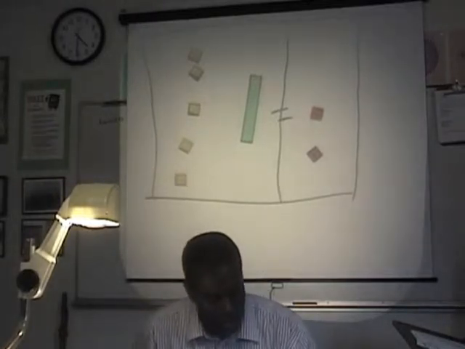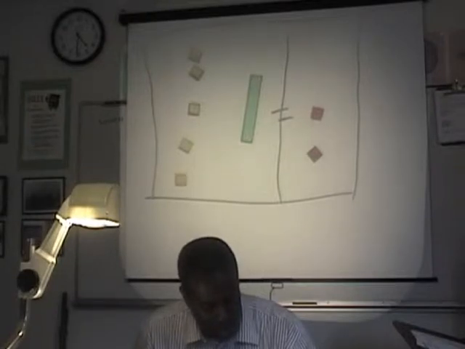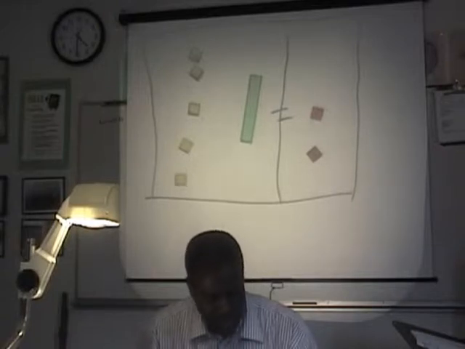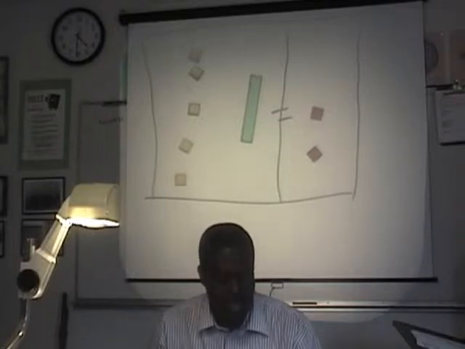All right, go to number 2. Explain why the model below represents x minus a negative 8 equals negative 6. Well, the answer is subtracting a negative is the same as adding a positive.